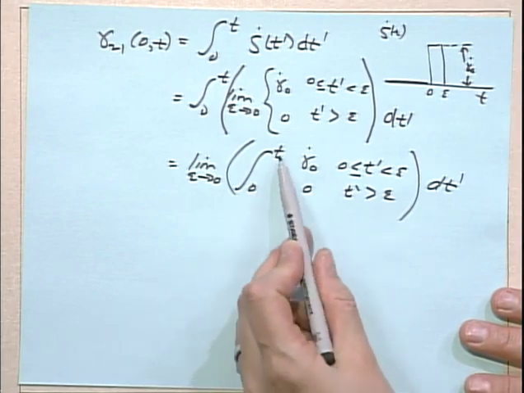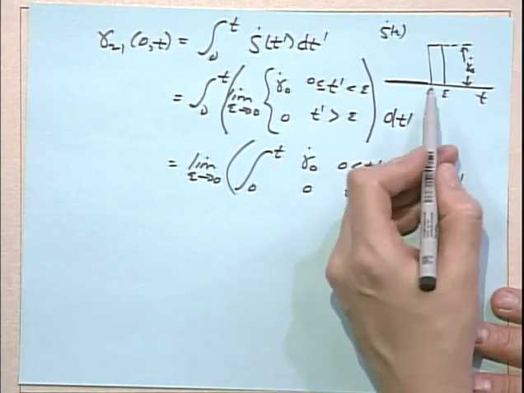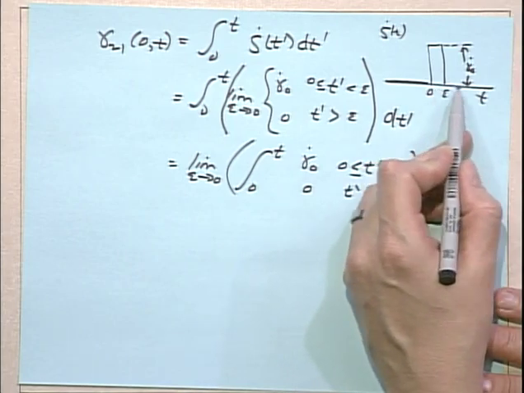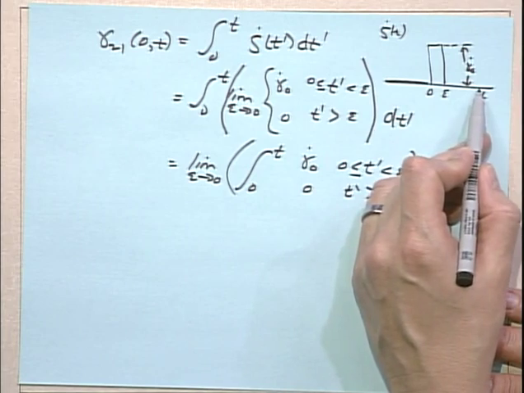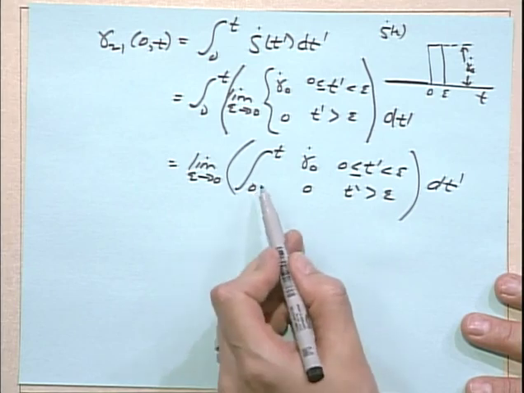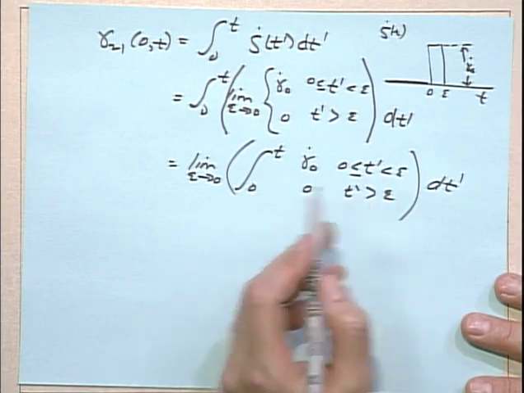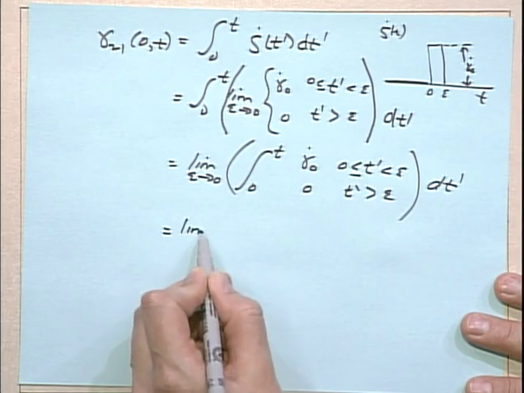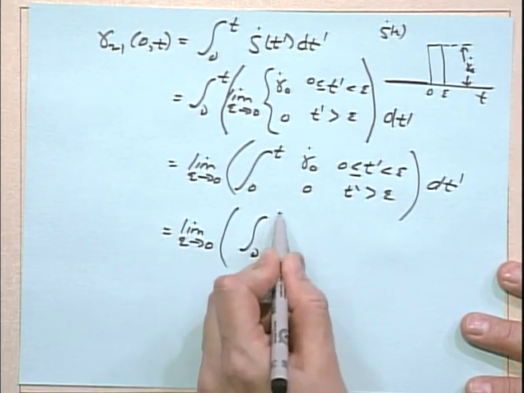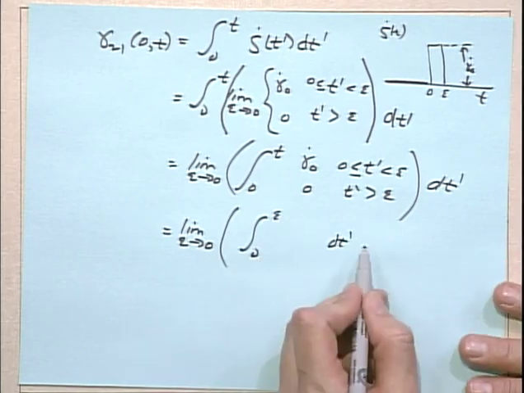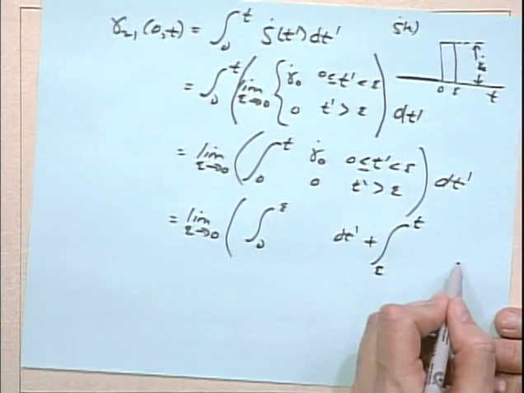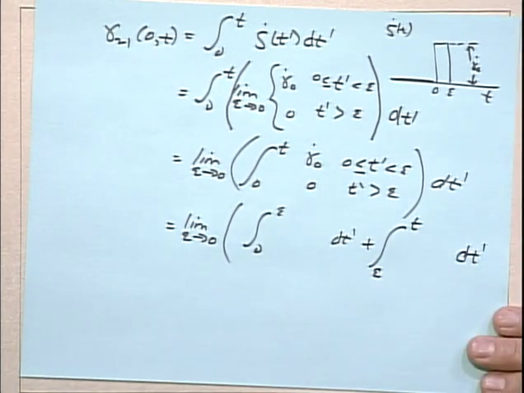So I'm going from 0 to t. t is some arbitrary time. It's not going to land in between 0 and epsilon because epsilon is approaching 0. So t must be out here. Any time I'm interested in is out here. So that means we can split this integral up as the integral from 0 to epsilon and then epsilon to t. So this is the limit, epsilon goes to 0, of the integral from 0 to epsilon dt prime of whatever the function is over that range, and then from epsilon to t of whatever the function is over that larger range.